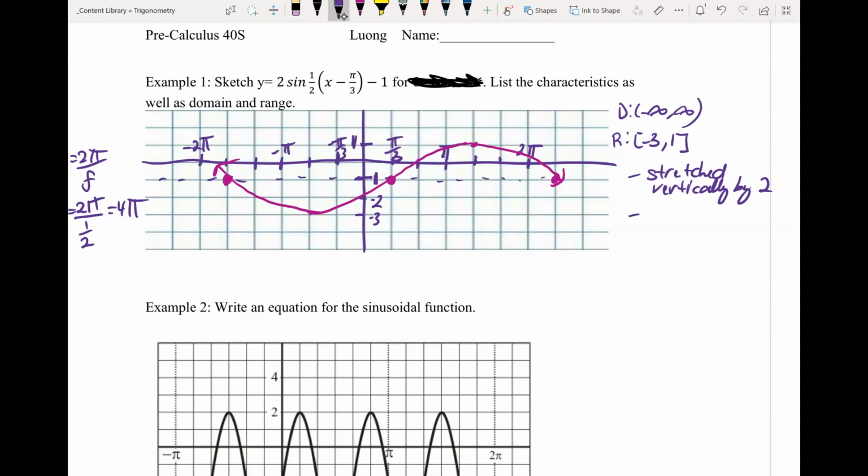You'd also say stretched horizontally by 2, or compressed horizontally by 1/2. We moved pi over 3 to the right, and we also moved down 1.